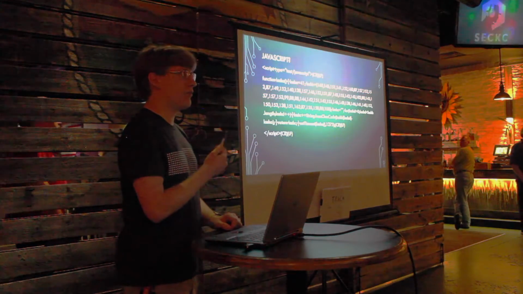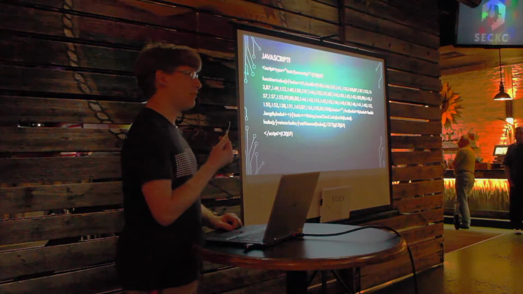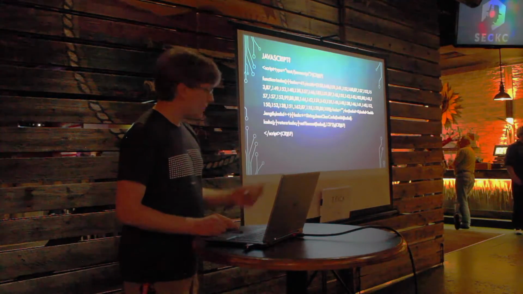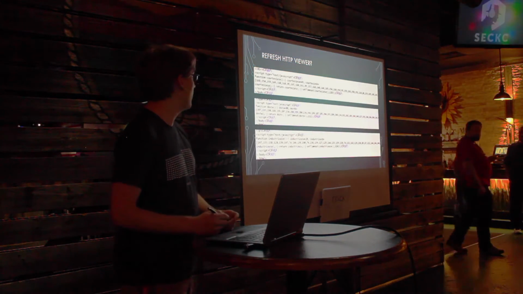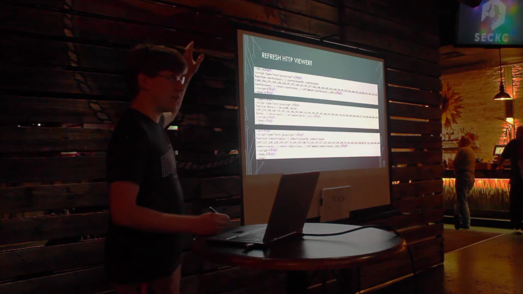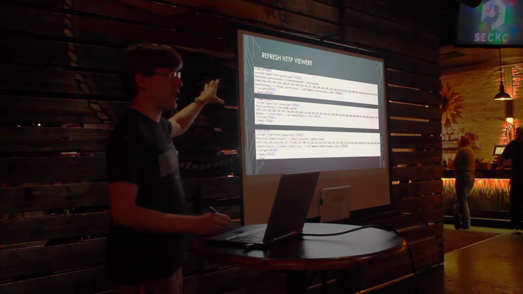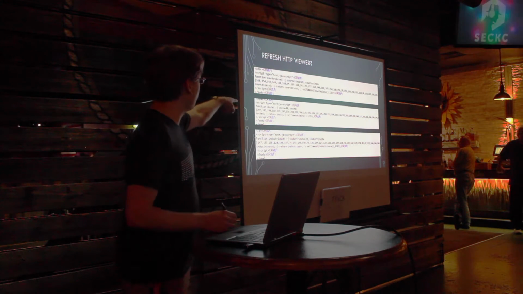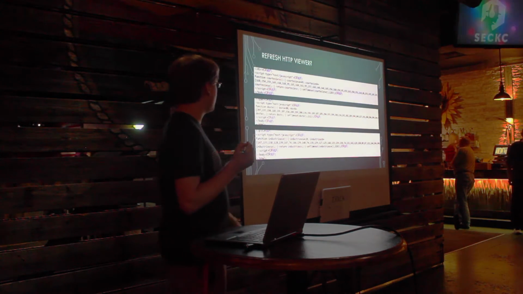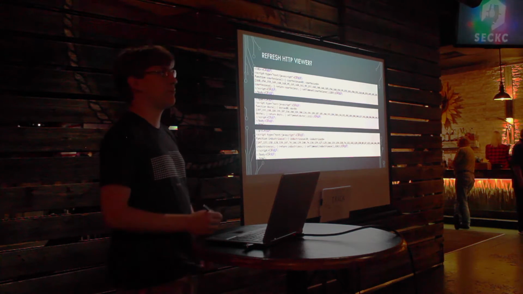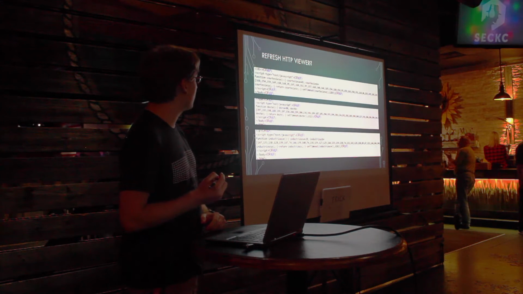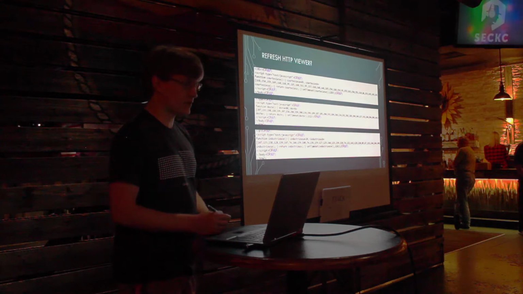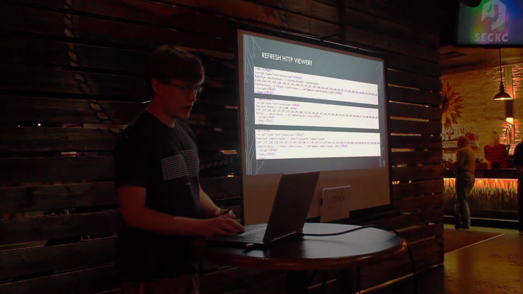Something else we noticed about this PHP script: whenever you refresh the HTTP viewer, all of that random text would change, all the numbers in the comma-separated string would change, and this little a number up here would change. That was kind of weird.